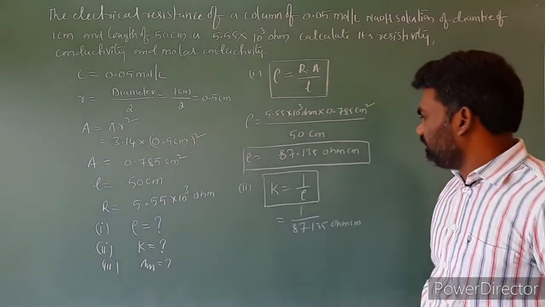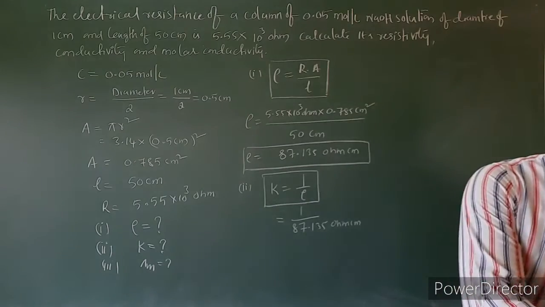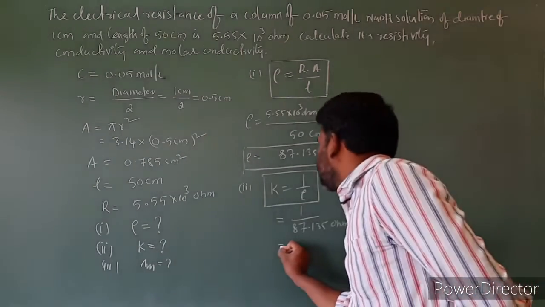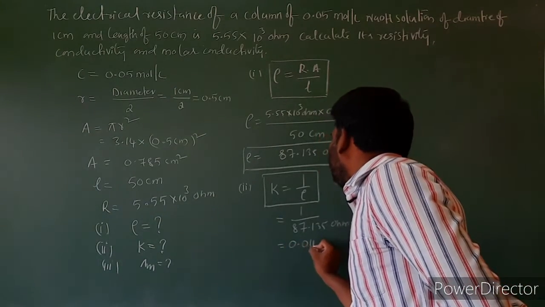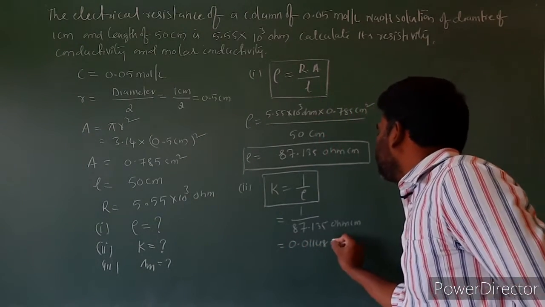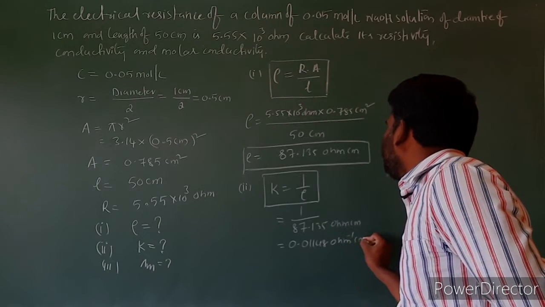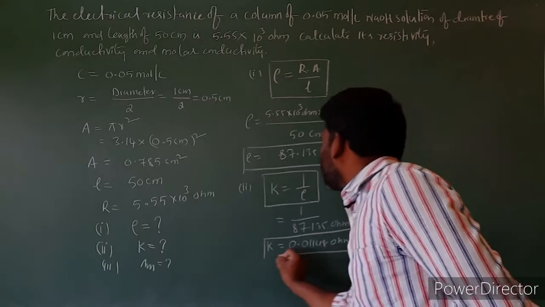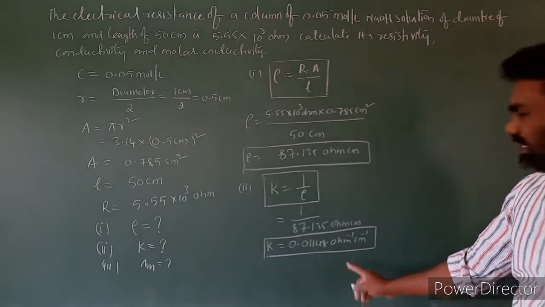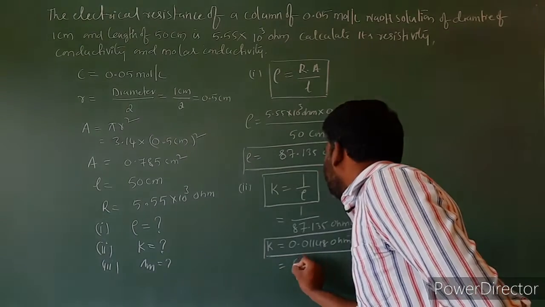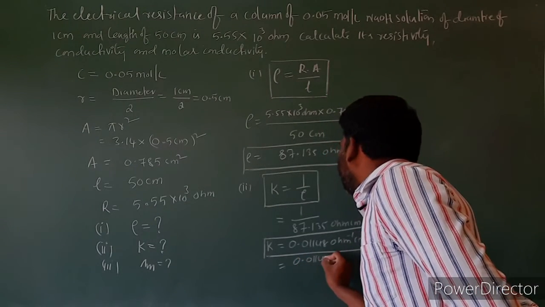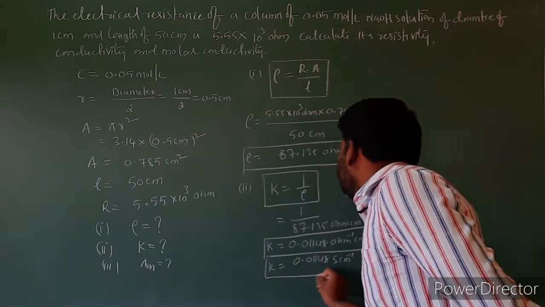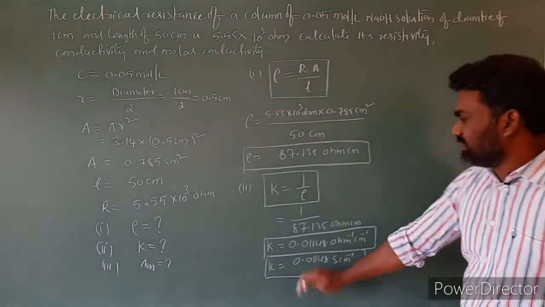So upon simplification of 1 by 87.135 you will get 0.01148 ohm inverse centimeter inverse. This is the K value. You can take ohm inverse, nothing but in terms of Siemens, 0.01148 Siemens centimeter inverse. So this is K.